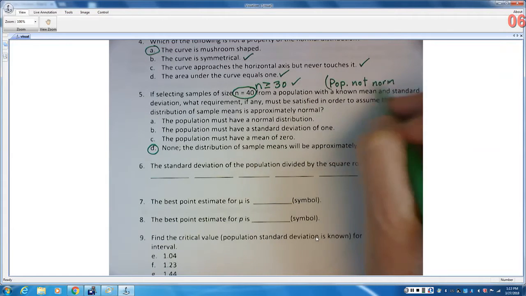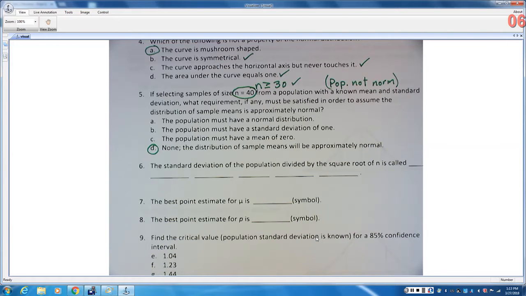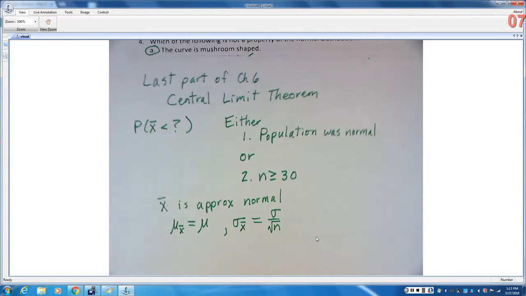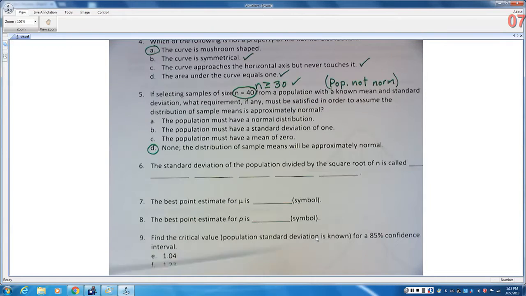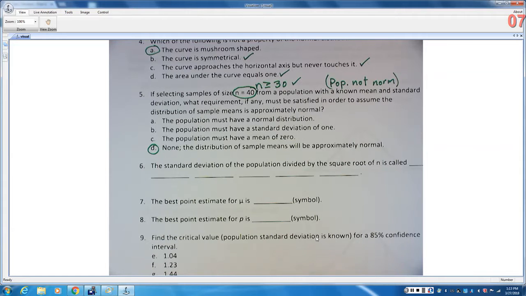It would have to say it's normal, but here we had n greater than or equal to 30, so x bar will be approximately normal. That's okay. And then we had a special name for the standard deviation of the population divided by the square root of n. It was called the standard error of the mean.